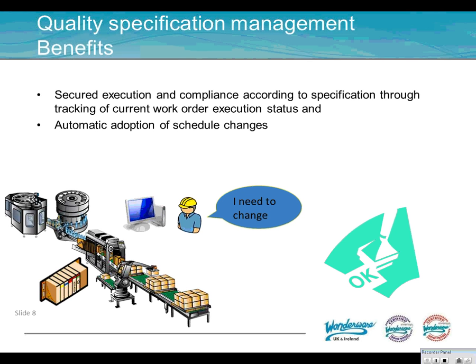So although you are planning to make a particular product, you decide to switch to a different work order and make something else. Obviously the quality system has to respond to that and make sure that the correct data is collected. And this is going to allow you a better schedule agility and flexibility, and it means the operators don't have to worry so much about keeping track of what needs to be done, because we're leading the operator through and providing him with prompts of what needs to be collected at a particular time. So this is trying to avoid operator error and make his job easier to do.